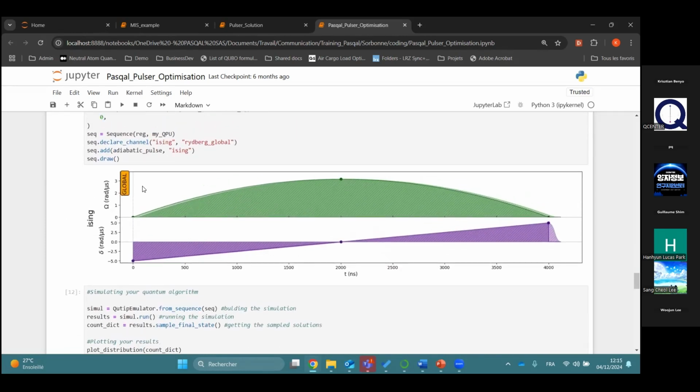For this, I'm going to use a similar adiabatic evolution pulse that we have already seen on multiple occasions. Again, this adiabatic evolution relies on the fact that the amplitude parameter starts from 0, ends up in 0, and we do a shift in the detuning in order to ensure that there is a proper mixing of the quantum states throughout the evolution, and the whole duration needs to be sufficiently long for the evolution to have good quality results.